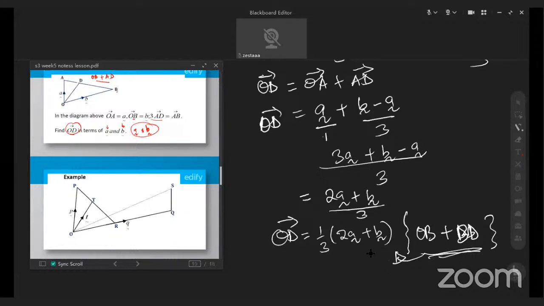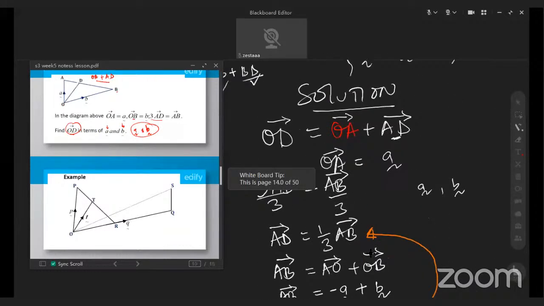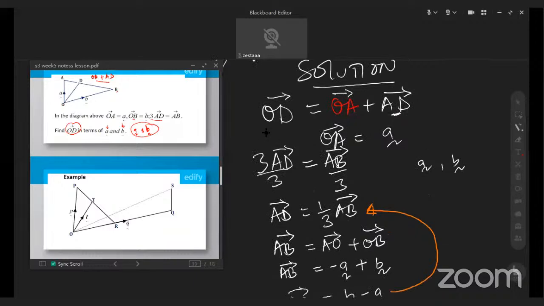Let me repeat. Finally, as we close, when we are to get the OD, we're saying it is the same as OA plus AD. Sorry, is it OA? Yes, OA plus AD.